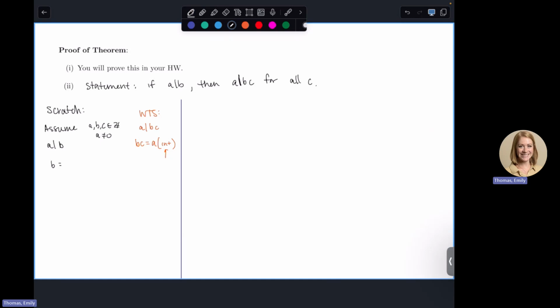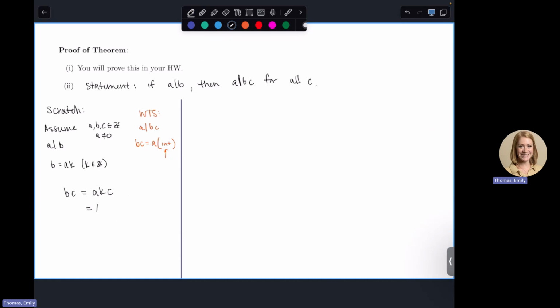It equals. Yeah, A times K. A times some integer K. Is that okay? That's the definition of divides. It divides evenly into it. That number of times it divides evenly into it is K. Okay, so B is equal to A times K. We want to look at B times C. Well, that would be A times K times C. You good with that? Because B is AK.